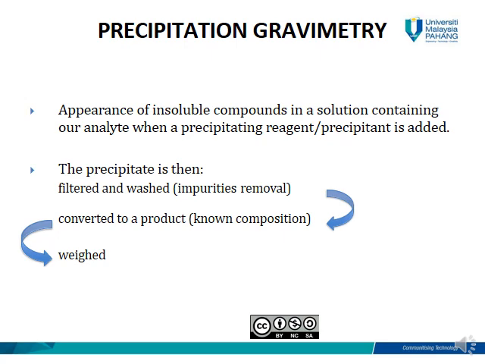This is to remove the impurities from the outside of the precipitate. Next is to convert it to a product of known composition, so we know what the precipitate is. After that we weigh the precipitate that formed.